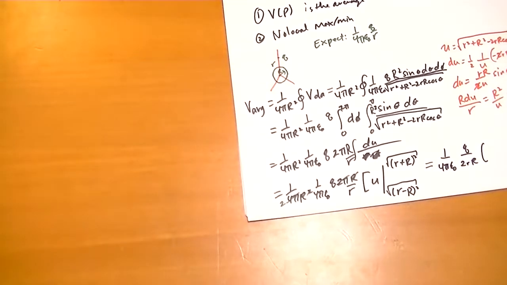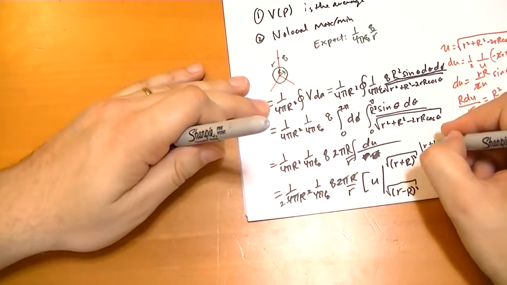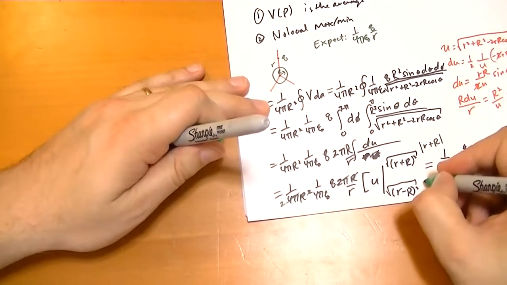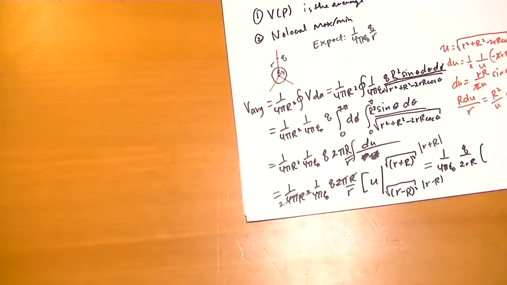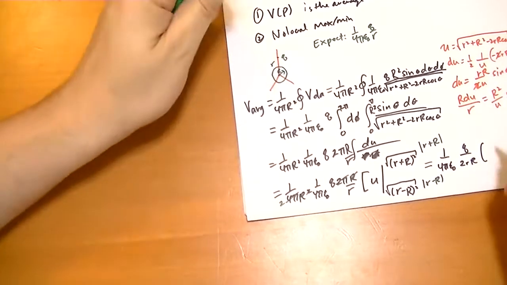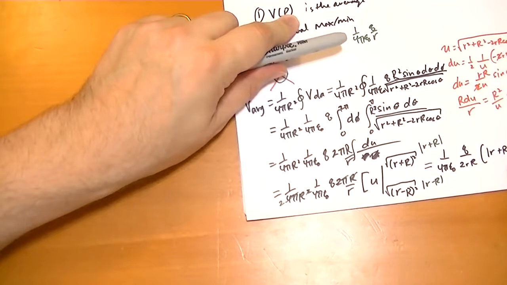Now I forgot to tell you this, but the square root of a square is equal to the absolute value, almost by definition. Okay, so when we plug this all in, we get r plus r minus r minus r.